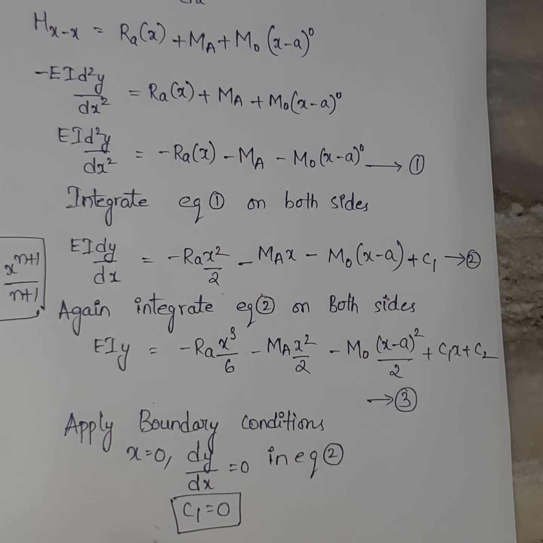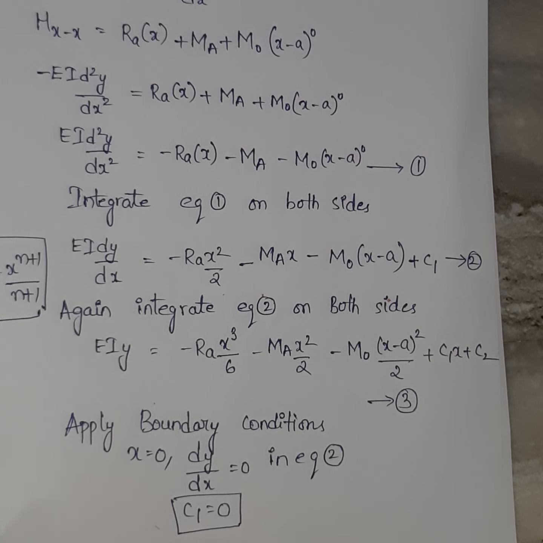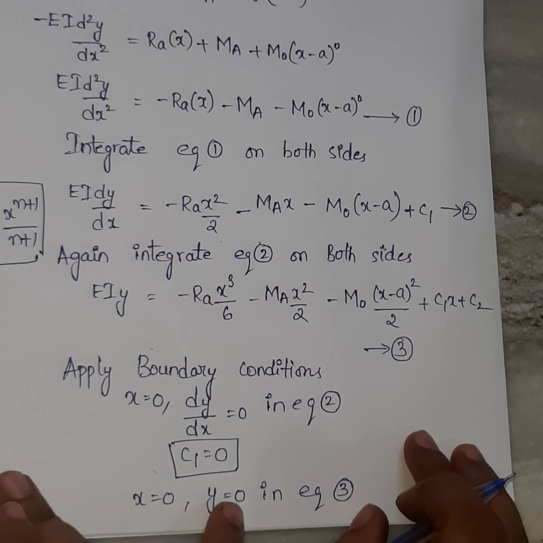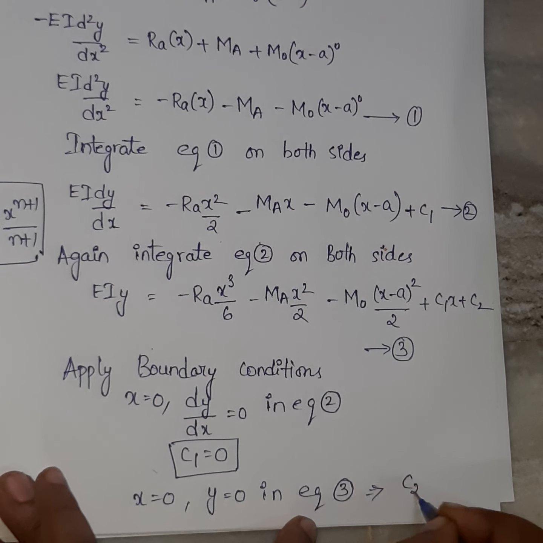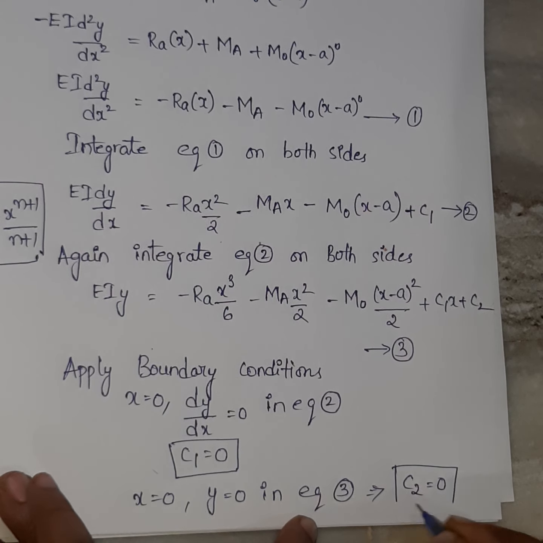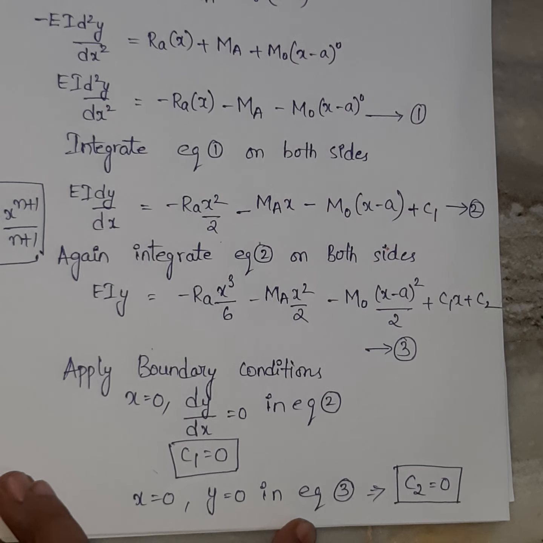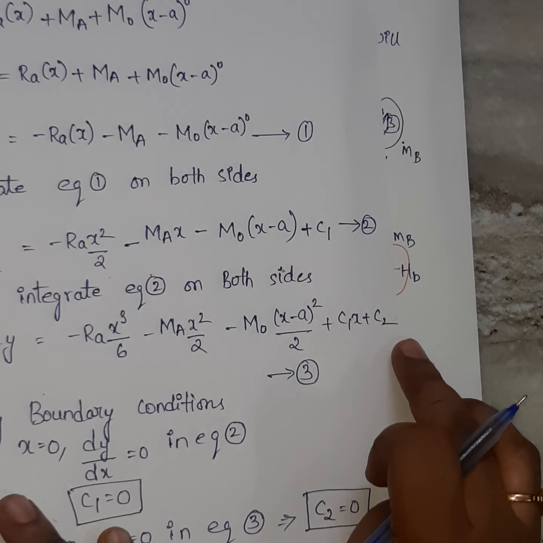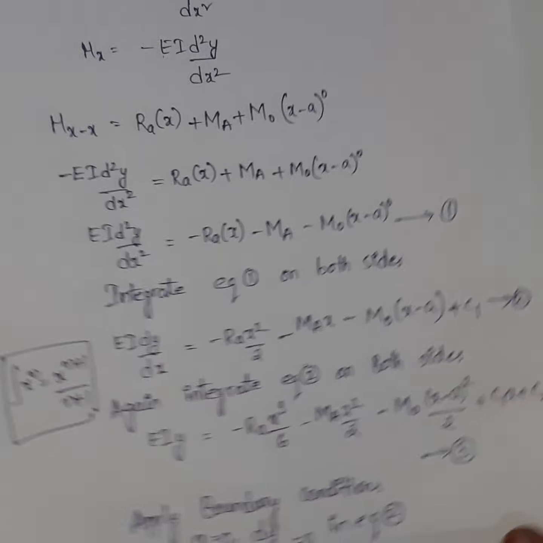If you apply x is equal to 0 and y is equal to 0 in equation number 3, what will you get? You will get the value C2 is equal to 0. So C1 into x is 0 and C2 also 0.